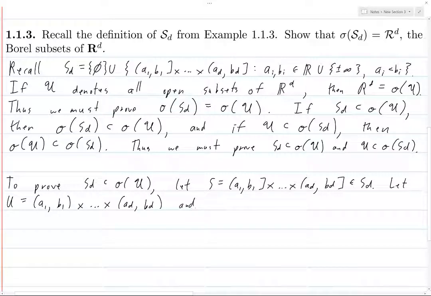Basically, what we're trying to do is construct S from elements of the sigma field generated by U. This set U is a good set to start with because it's clearly an open set, since open rectangles in R^D are open sets in the standard topology. That's a fact from basic topology.